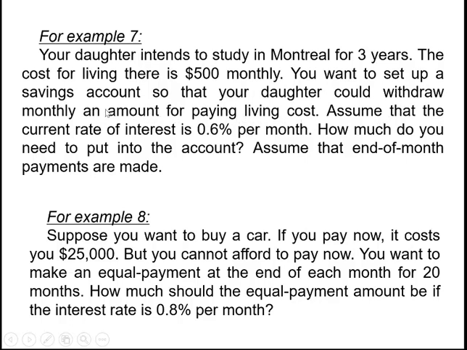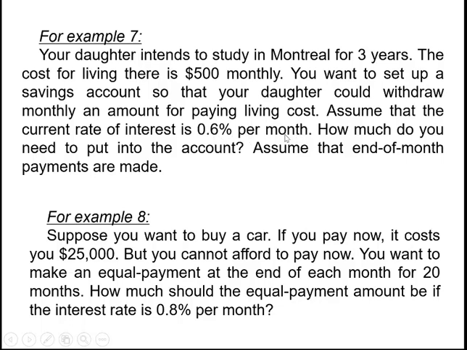So each month she can withdraw an amount of money from the bank for living costs. The payment period is months, and the compound period is month too, because the interest is 0.6% per month.